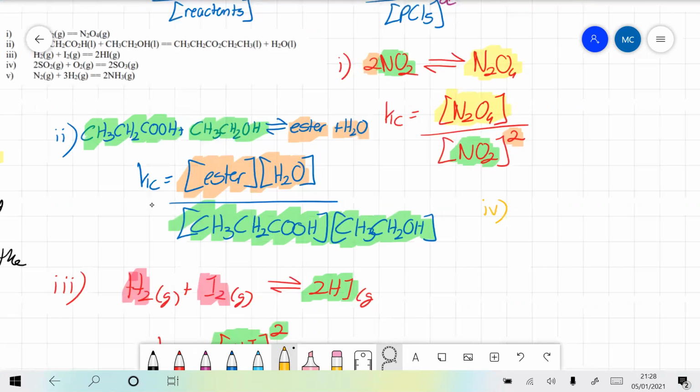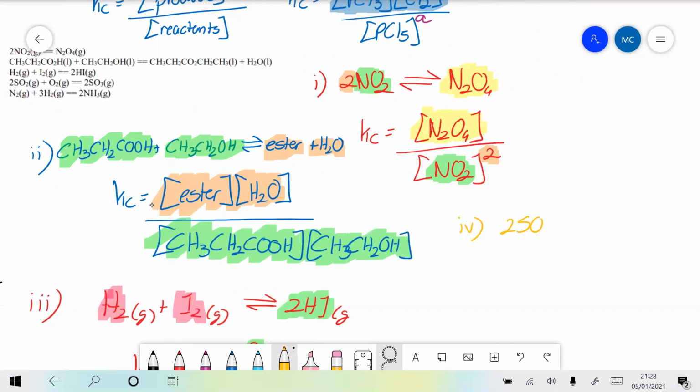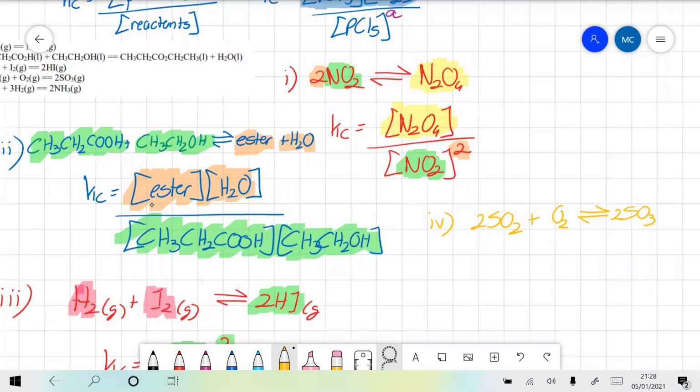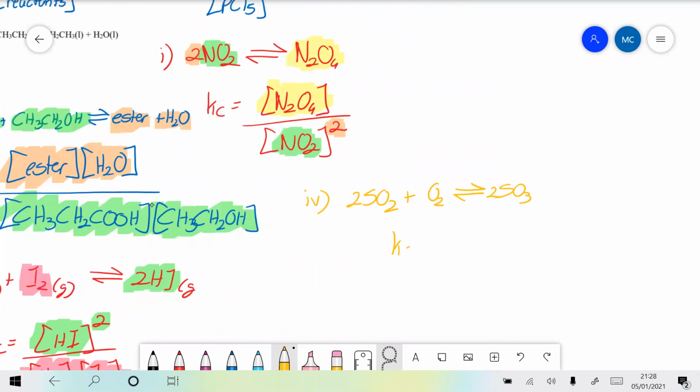4, where we have 2SO2 plus O2 to give 2SO3. So this will be Kc is equal to SO3 to the power of 2 over SO2 to the power of 2 times oxygen.